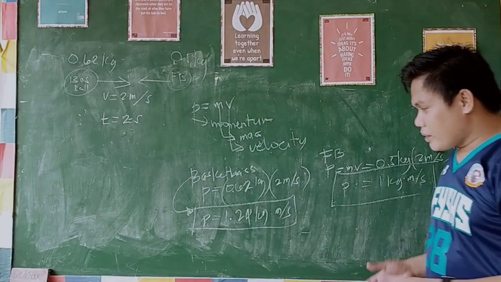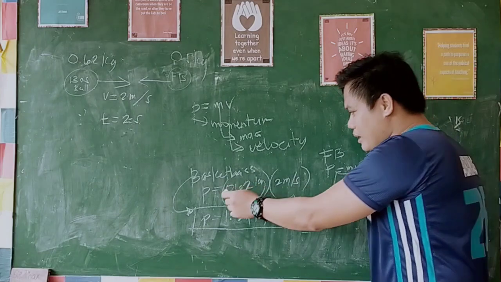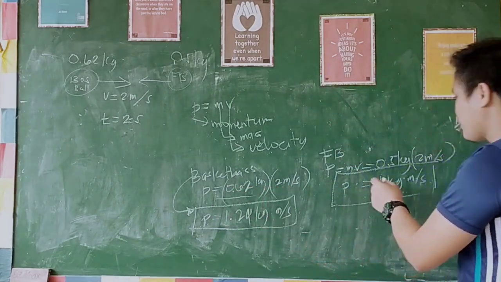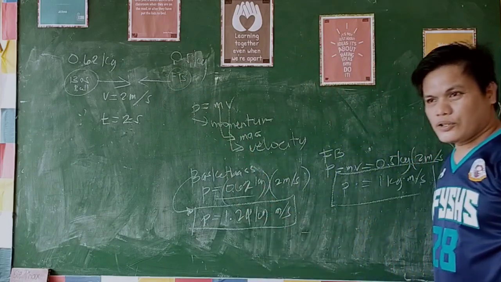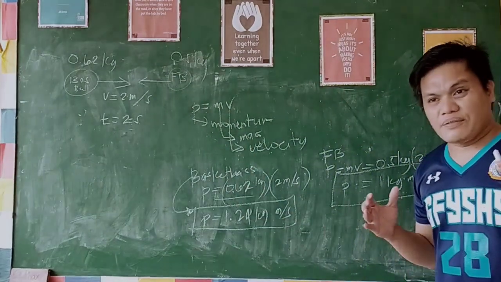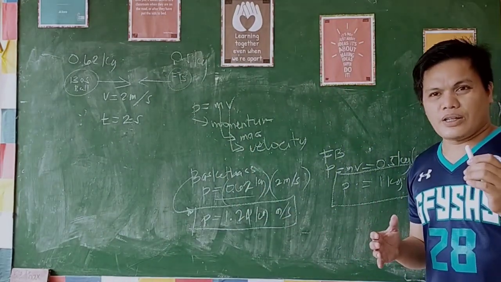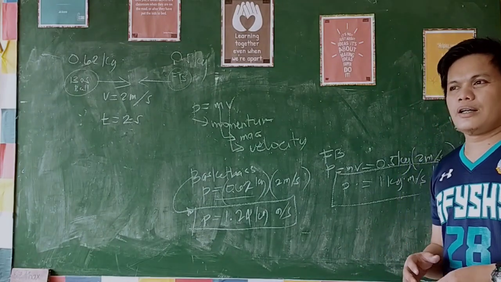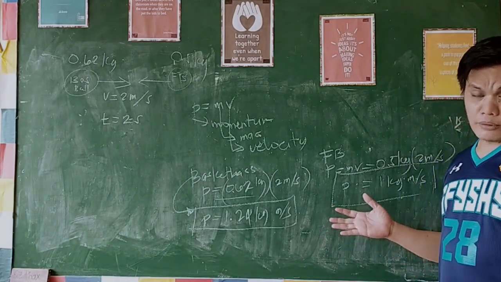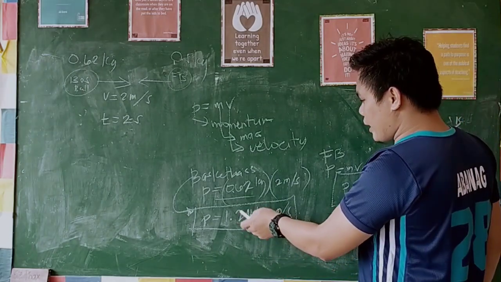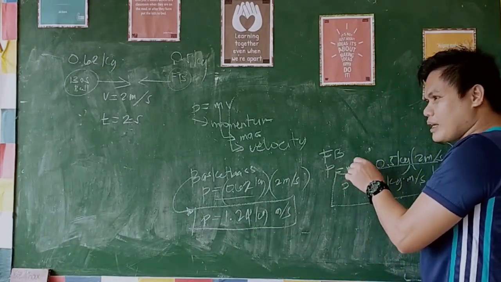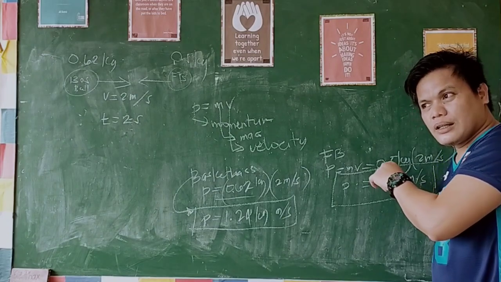If we will notice, the basketball is heavier than the football. So ibig sabihin, the heavier the object, the greater the momentum. Okay? Since momentum is directly proportional to the mass and its velocity.